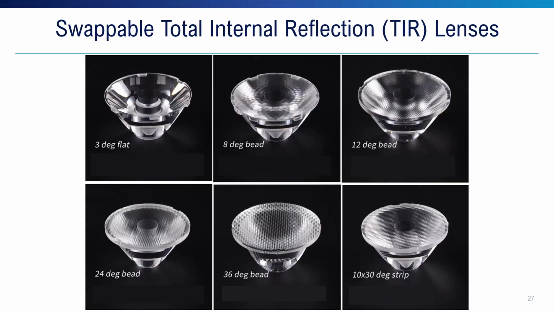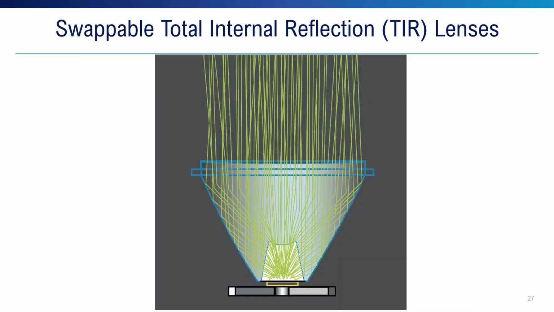Swappable total internal reflection, or TIR, lenses represent the most effective approach, engineered to maximize both performance and configurability. Each TIR lens is designed for a specific beam angle and fully encapsulates each LED, ensuring better optical coupling.